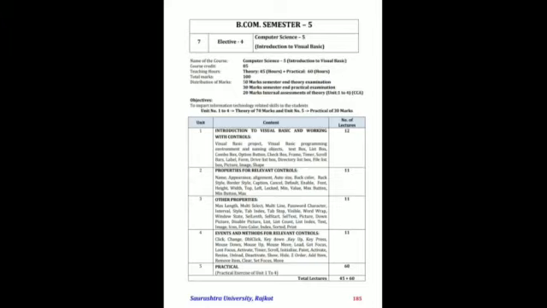Okay, so let's start our first unit, that is Introduction of VB. Visual Basic is a high-level programming language which evolved from the earlier DOS version called BASIC. DOS stands for Disk Operating System.